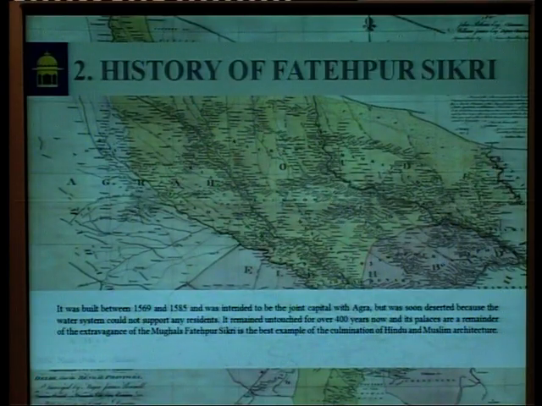The buildings at Fatehpur Sikri reflect his nature, in that he allowed different craftsmen, Hindus, Jains, and Muslims, and the architecture which resulted was totally an amalgamation of the Indian architecture which had existed earlier.